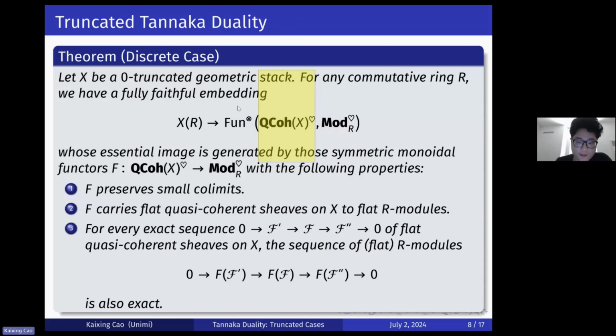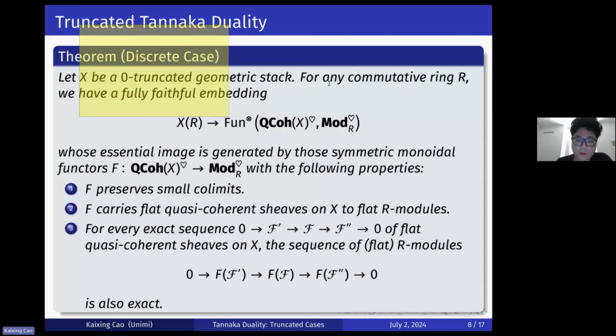Because this category is only related to the zero truncation of a general geometric stack, maybe we can start from the zero truncated geometric stack. And now our statement is about the R-point. We only consider the affine case.